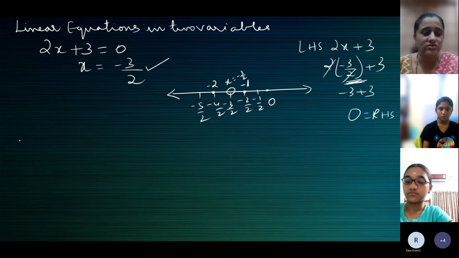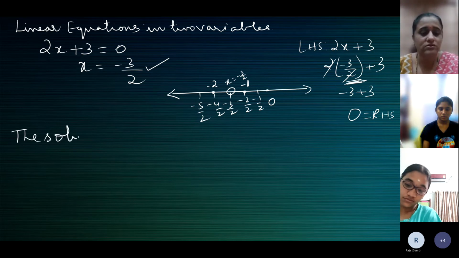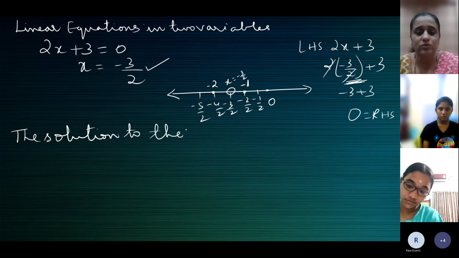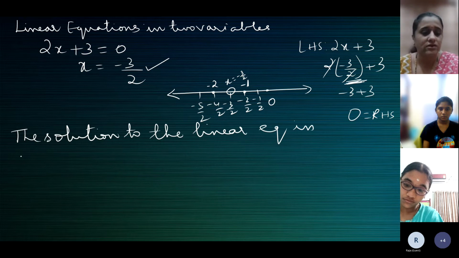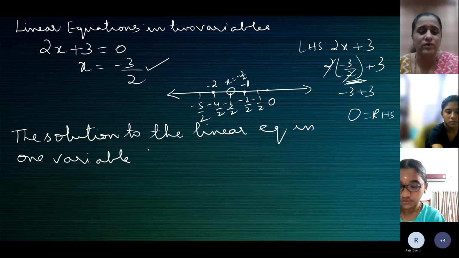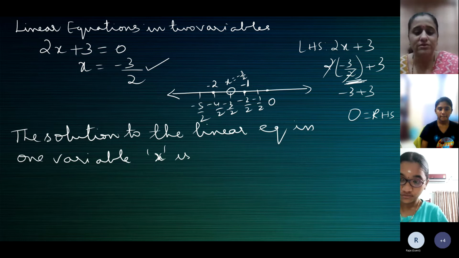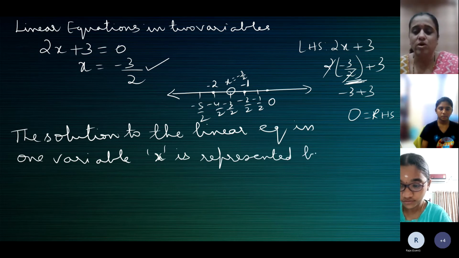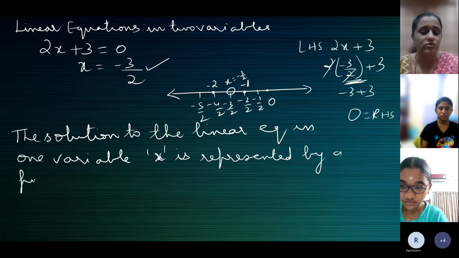I don't know if I wrote this in the last class, but just to make sure, I'll write it again. So the solution to the linear equation in one variable x, any one variable, is represented by a point on the number line.